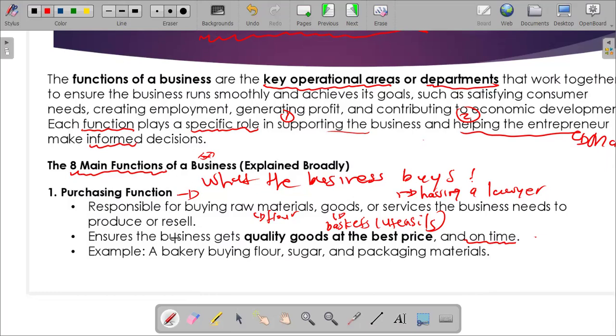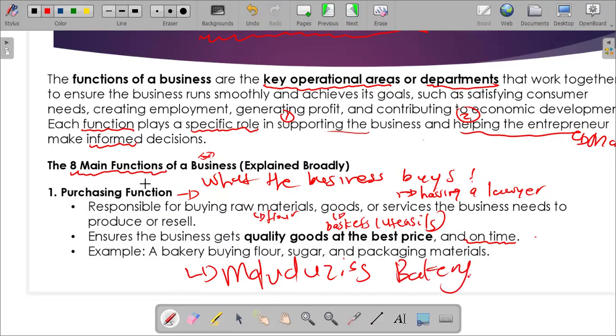Such a good example. So a bakery buying flour, sugar, and packaging materials. As I said, Mduduzi's bakery. Right? So basically, that's the whole explanation or idea of what a purchasing function is.